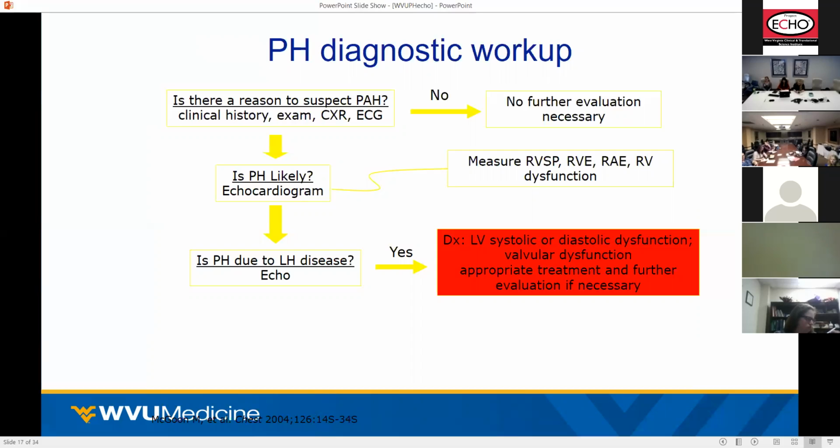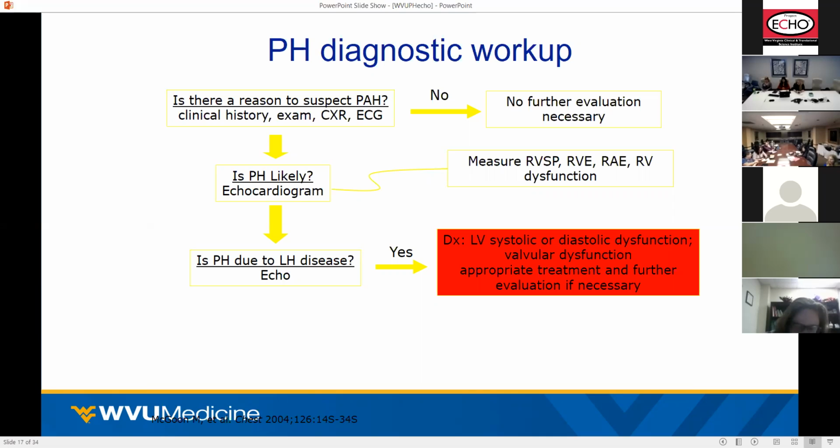If there's no reason to suspect pulmonary hypertension, no further evaluation is necessary. But if pulmonary hypertension is likely, we get an echo. With echo, we measure the RVSP, evidence of RV enlargement, right atrial enlargement, RV dysfunction, and so forth. We really try to look at what's going on on the echo, and we measure those things.